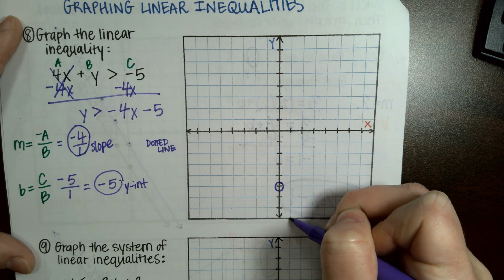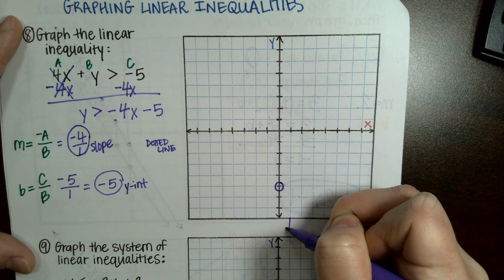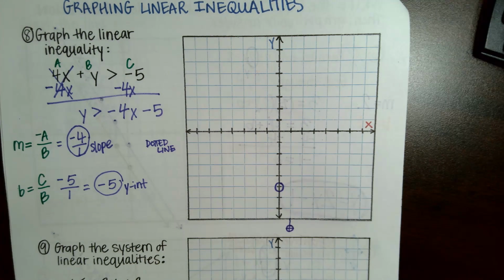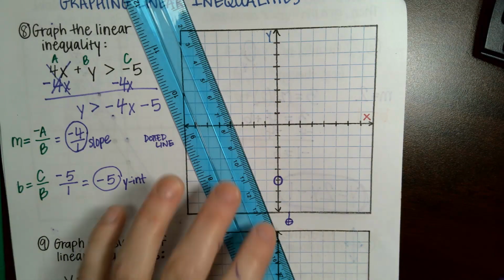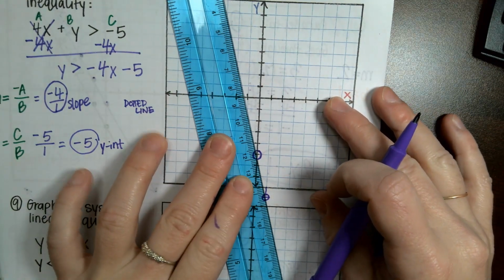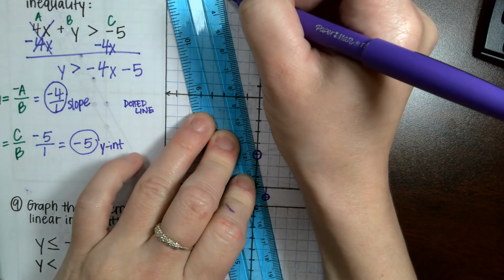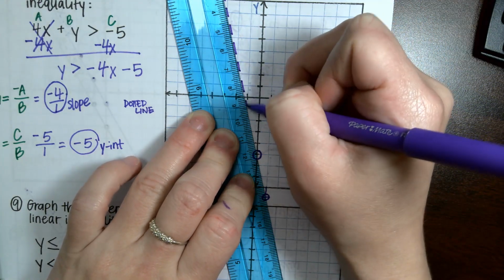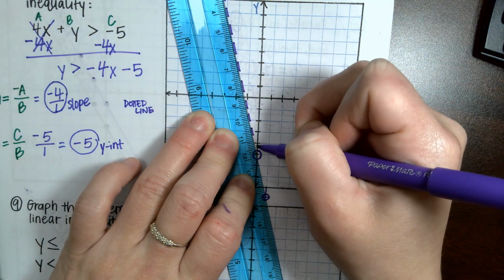So your next point goes off the graph. Sorry, guys. I swear, I thought I had these ready. It won't be like this on your final, I promise. Okay, now we just connect the dots. And when you connect your dots, don't forget to make it a dotted line. Once we've drawn our line, we can decide what direction to shade.